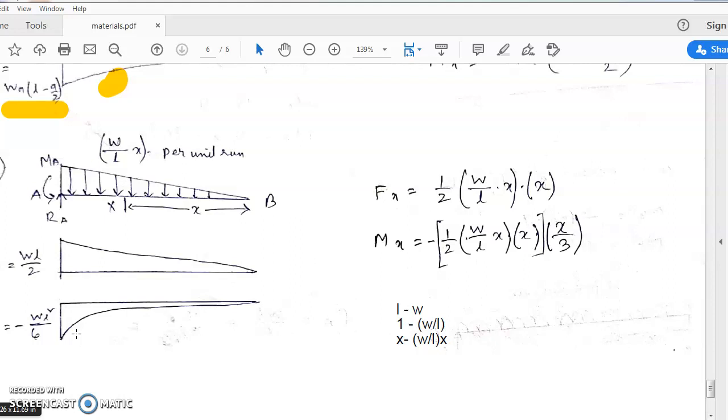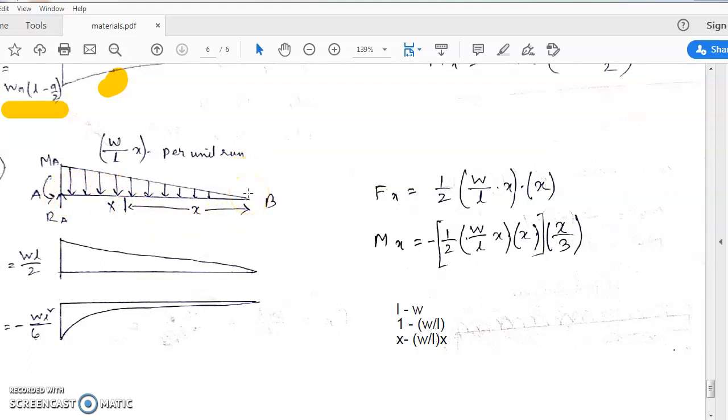So there can be another variation of UVL for a cantilever beam. As it is your basic knowledge, first class, try to clearly understand this. We will discuss the second type later on if we get additional time. In the second case, what happens? The load starts from the fixed end and varies uniformly and reaches w at the free end.